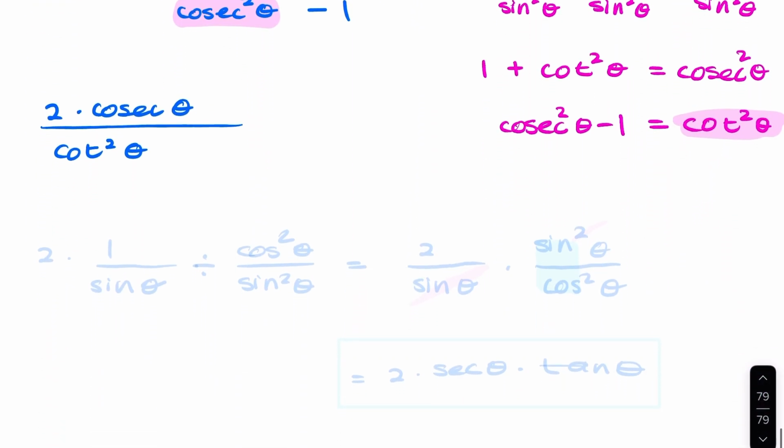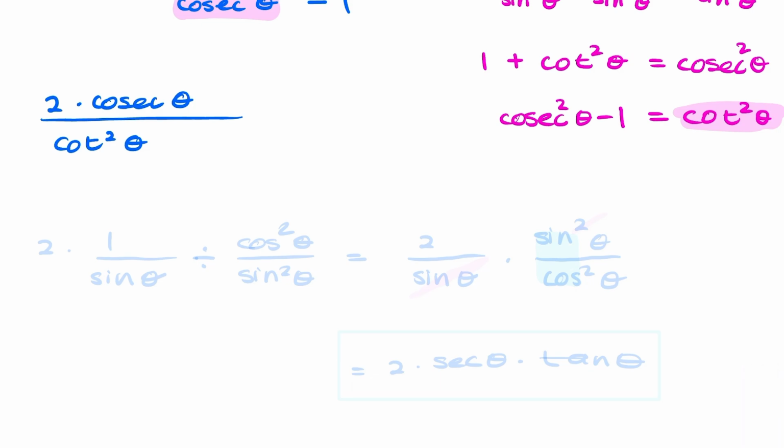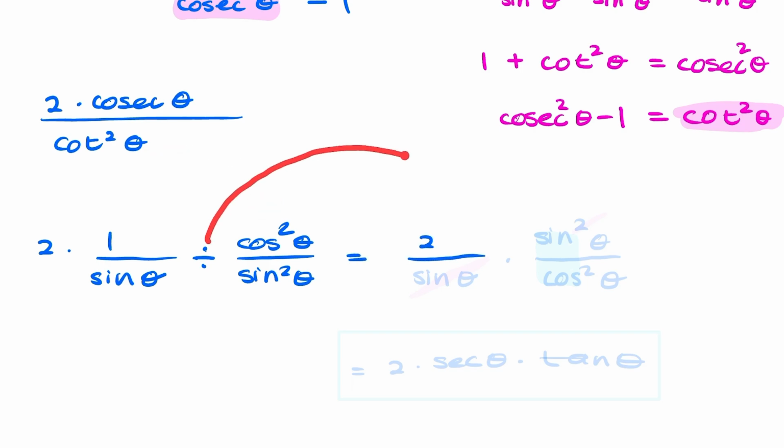But remember, cosecant is simply 1 over sine, so that's 2 times 1 over sine theta. And cotangent squared is cosine squared over sine squared. So when you divide by cosine squared over sine squared, that's the same as multiplying by the reciprocal.